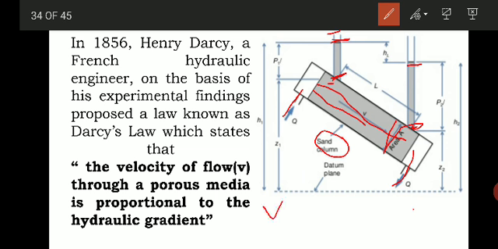That is, V is directly proportional to I, the hydraulic gradient.